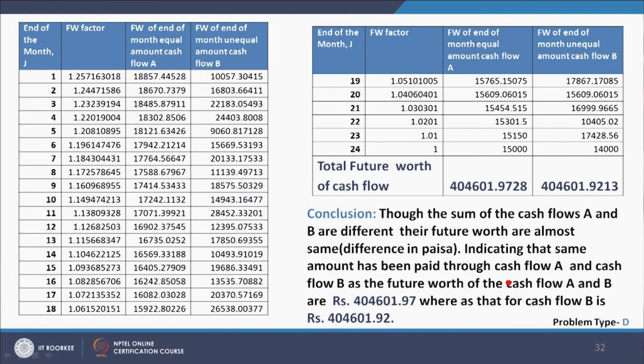Conclusion: though the sums of cash flows A and B are different, their future worths are almost the same, with a difference only in paisa, indicating that the same amount has been paid through cash flow A and cash flow B, as their future worths are 4,04,601.97 for A, whereas for B it is only 4,04,601.92. So, this is the conclusion we make: though the summations of the cash flows are different, the future worth is the same. That means we are investing the same amount of money in both the cash flows.